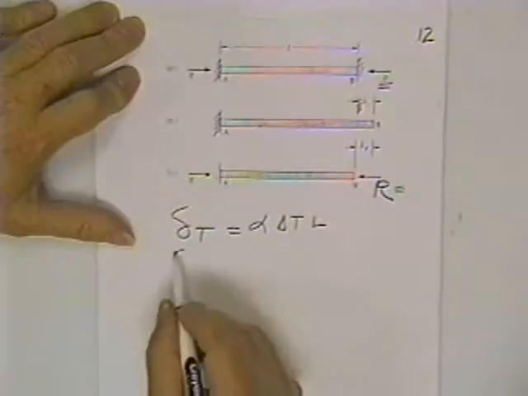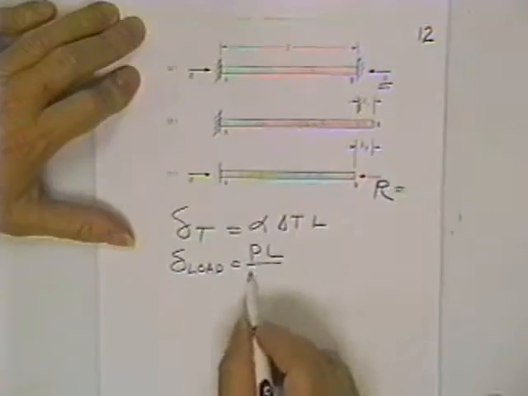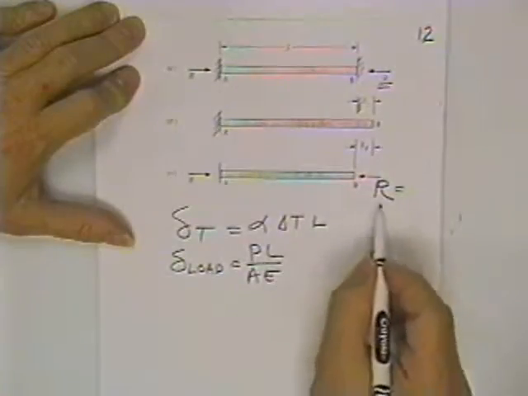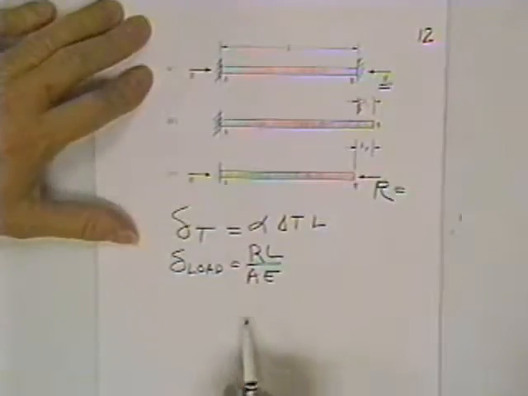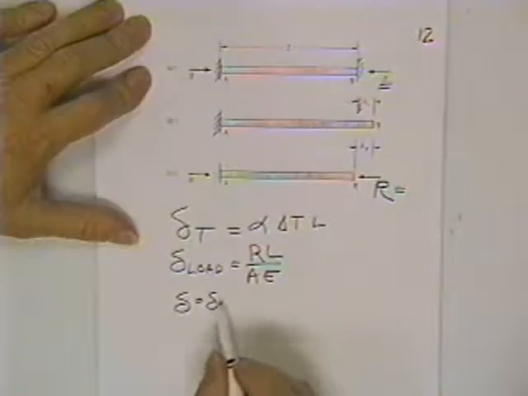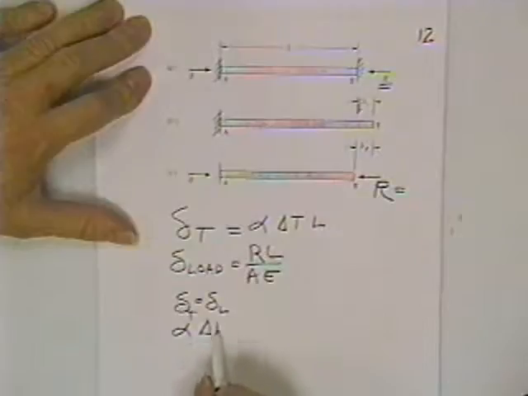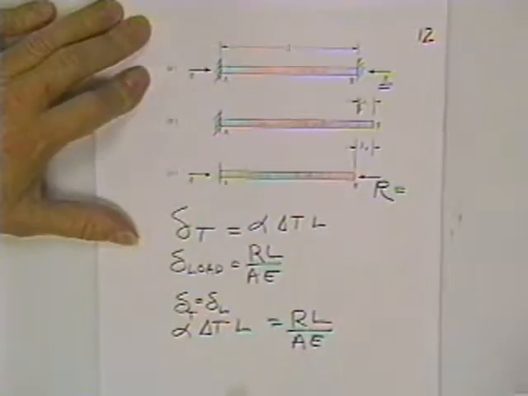How short something gets, delta due to load, is PL over AE. In this case, we call the load PR, so let's put R. And since these two deformations are equal, all you'd have to say is delta due to T equals delta due to load, so alpha delta T L equals RL over AE, and solve for the force.